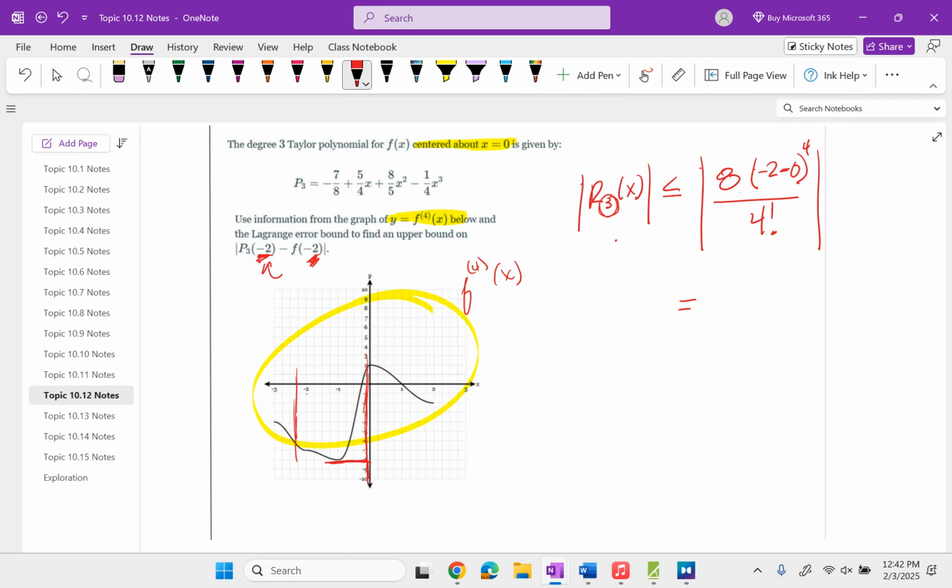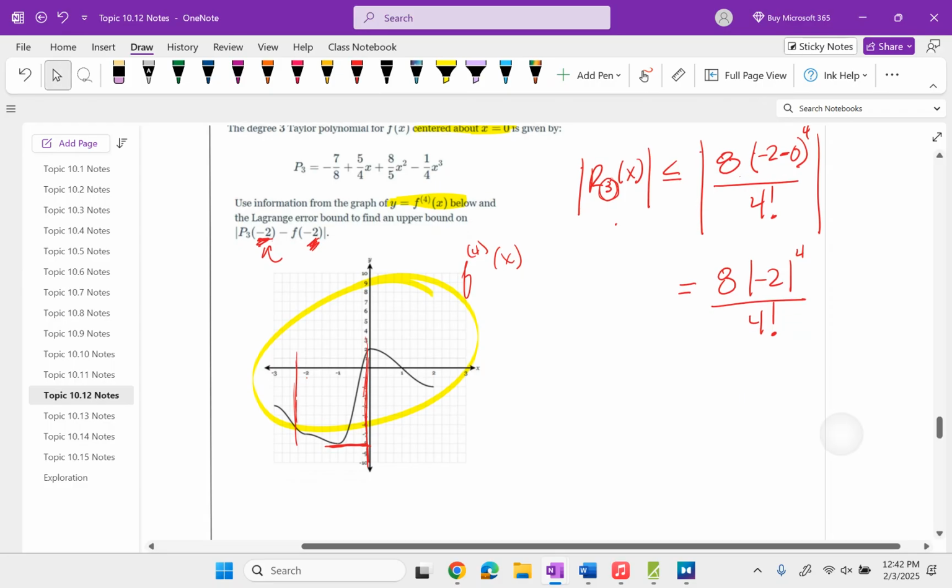They kept the 8. Then they put the -2 in absolute values to the 4th power. That's kind of weird. That's how they typed their answer in Delta Math. So they didn't do it all the way. I don't know if you put parentheses around there instead of the absolute values, or if you did the actual number, if it would give it to you. I didn't try it. All it is about is plugging the right things into the formula.